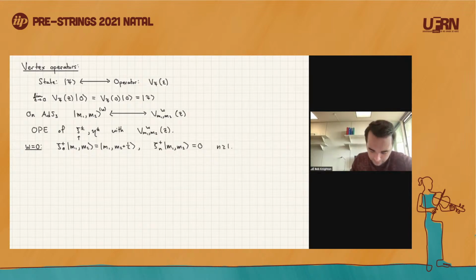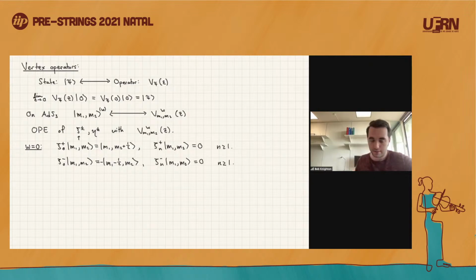Similarly, you can write down the same expressions for psi 0 minus, and instead of shifting m2 up by a half, you shift m1 down by a half, potentially with a minus sign. And you have the same condition that psi minus annihilates the state for all of its positive modes. So you can turn this information into an OPE between psi plus and minus and the vertex operators.